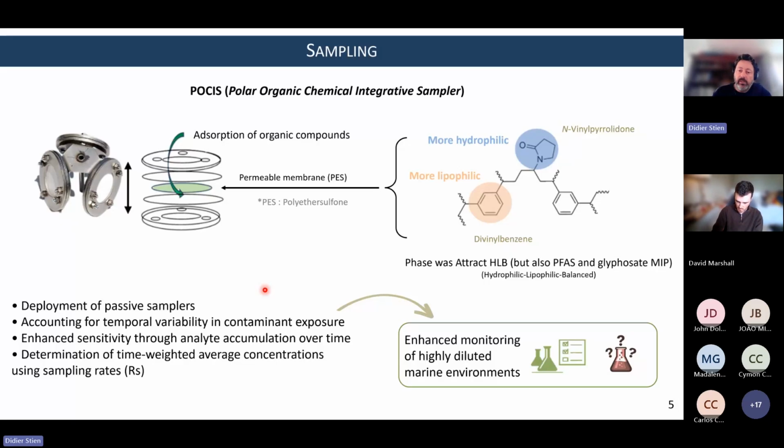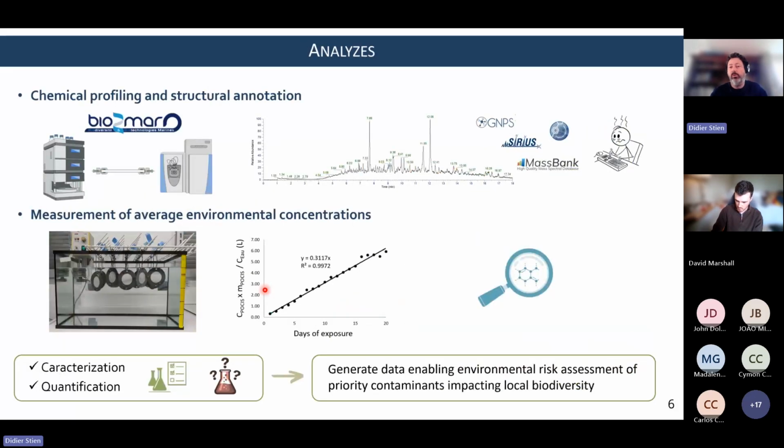But in the end, you get enhanced monitoring of diluted and marine environment because the passive sampler is going to concentrate the pollutants.